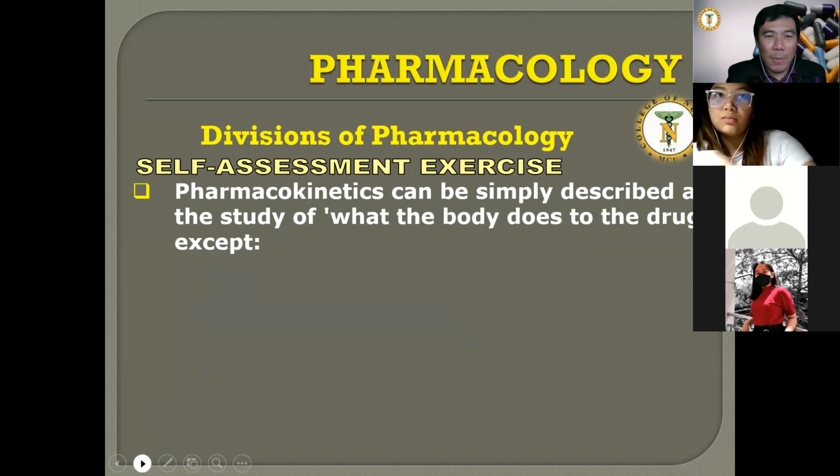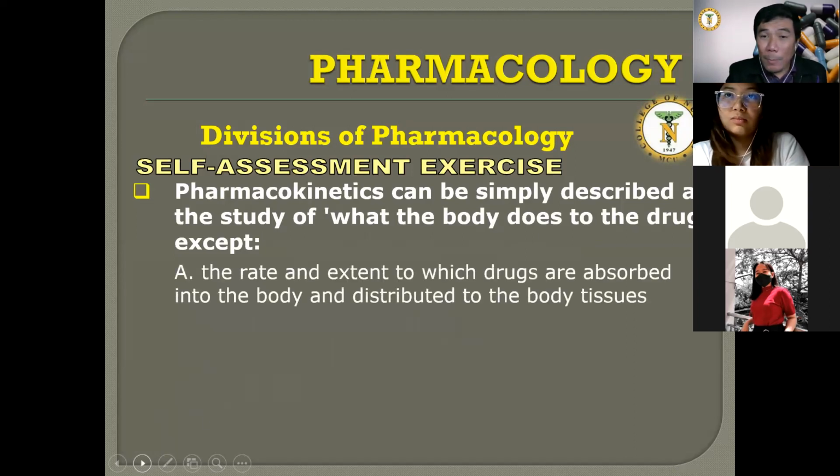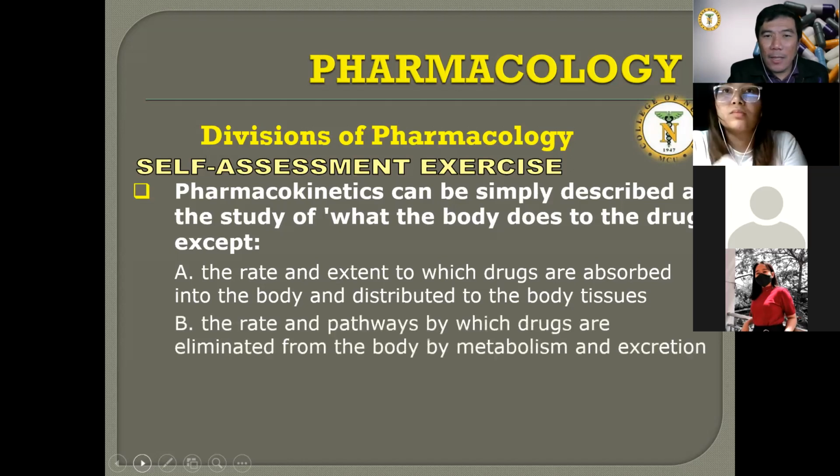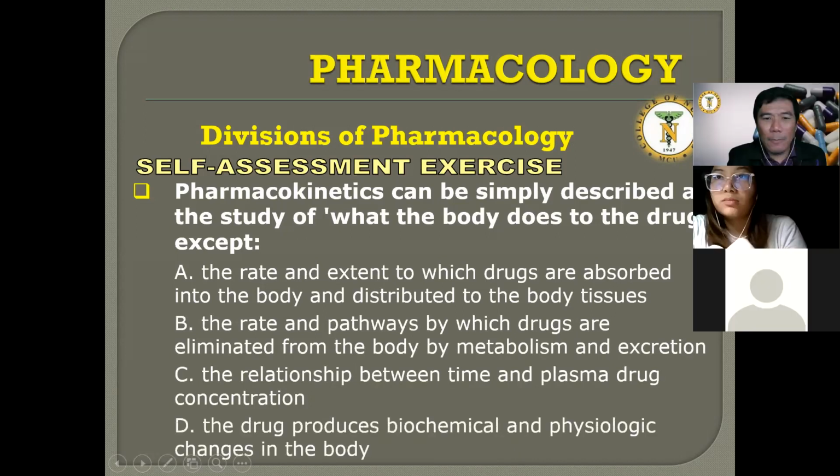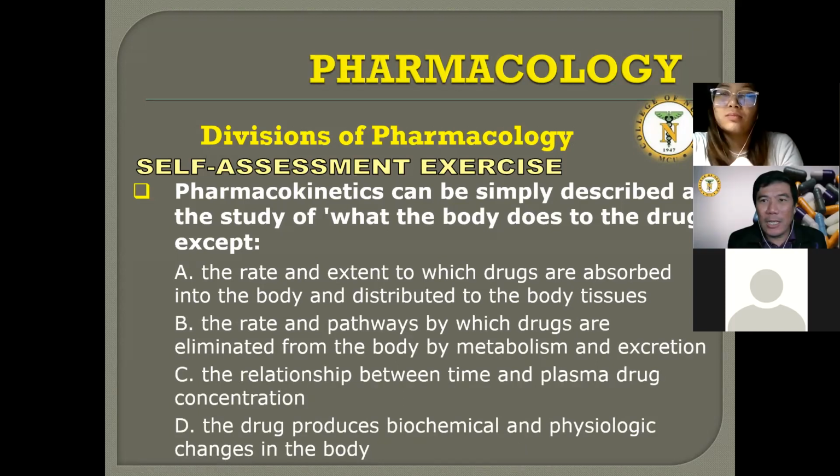So, on the concepts of pharmacokinetics, which of the following best describe pharmacokinetics? A, the rate and extent to which drugs are absorbed in the body and distributed to the body tissues; B, the rate and pathways by which drugs are eliminated from the body by metabolism and excretion; C, the relationship between time and plasma drug; D, the drug produces biochemical and physiologic changes.